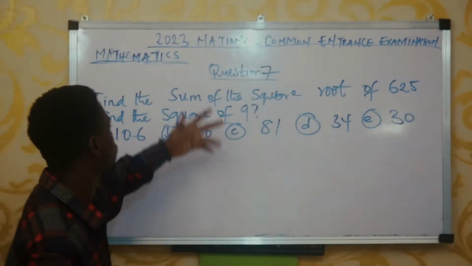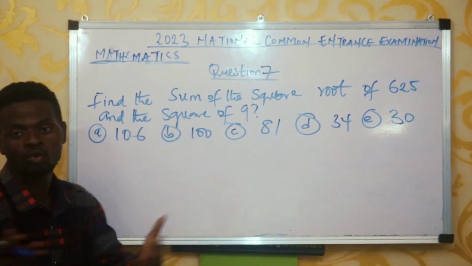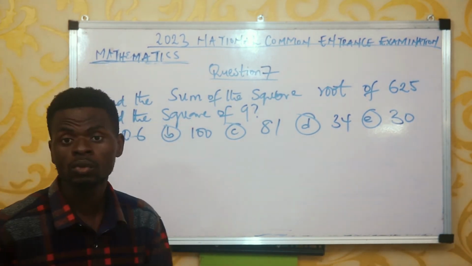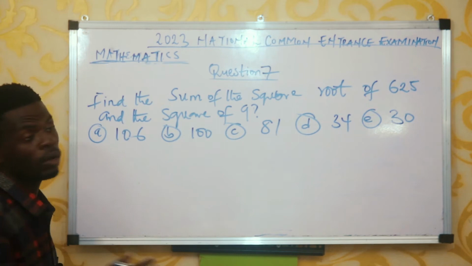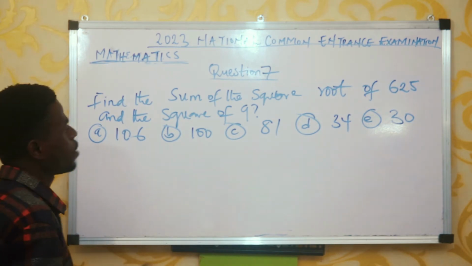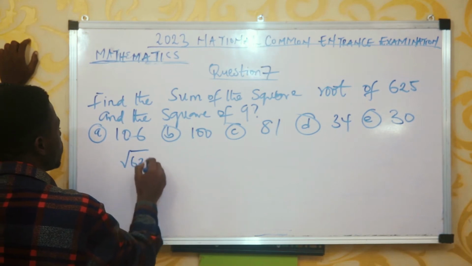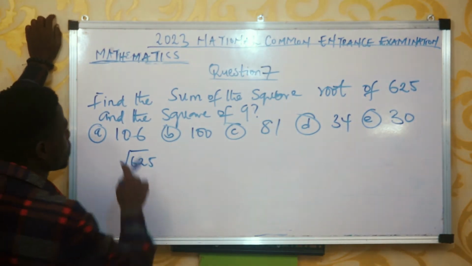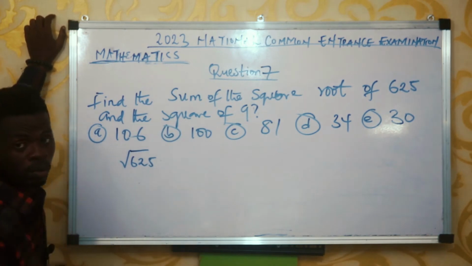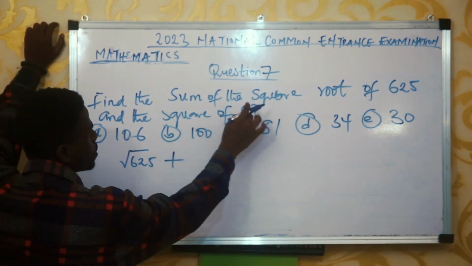Now this is question 7. Question 7 says find the sum of the square root of 625 and the square of 9. When we say square root of 625, we have 625. The sum means plus, that's addition. Take note of the square of 9.